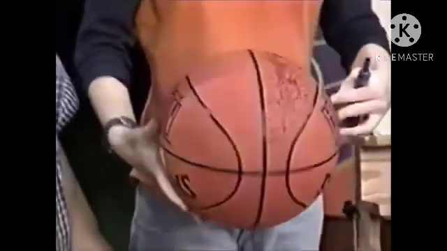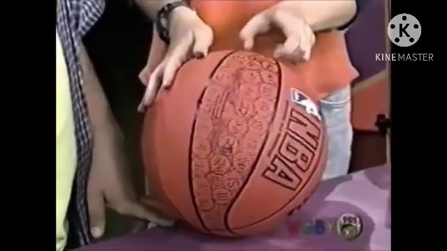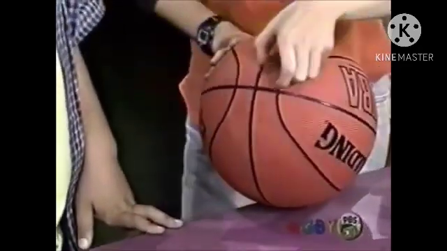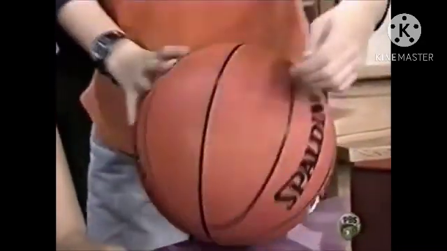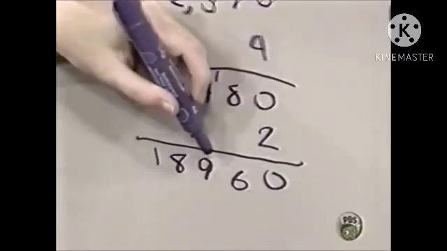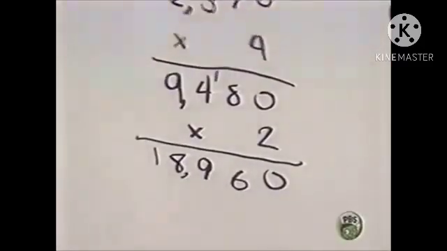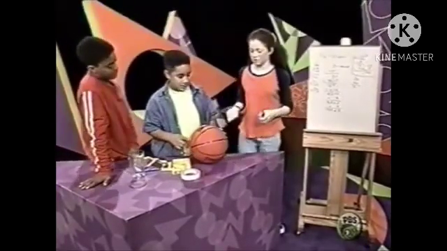Yes, they are, because look, it goes fat to skinny, and then skinny to fat. The same thing. So we can multiply it by 4 again, or multiply by 2. 18,960. That's how many would be without these.